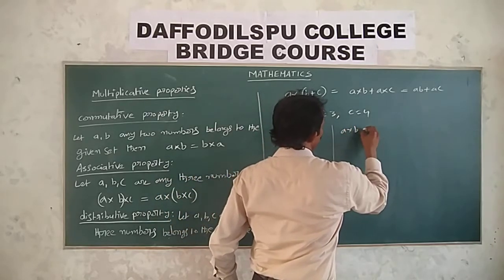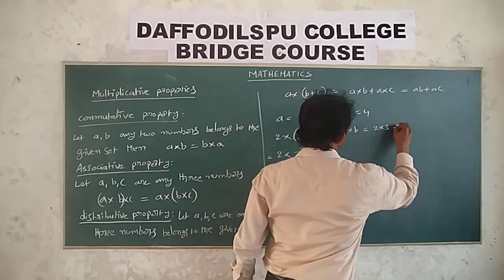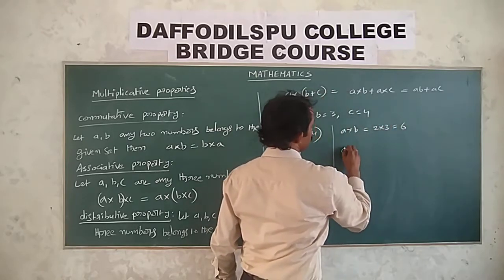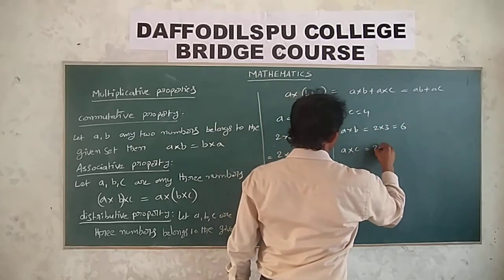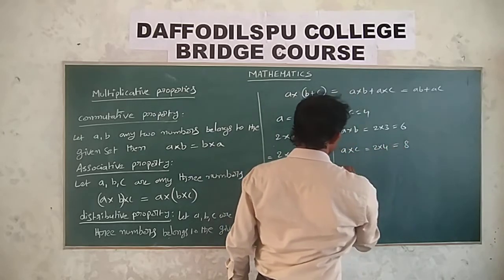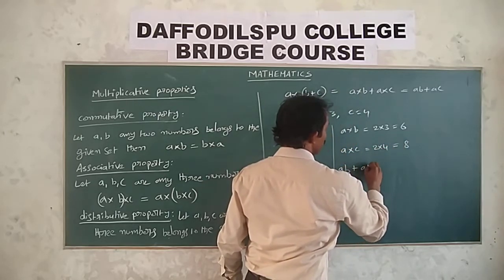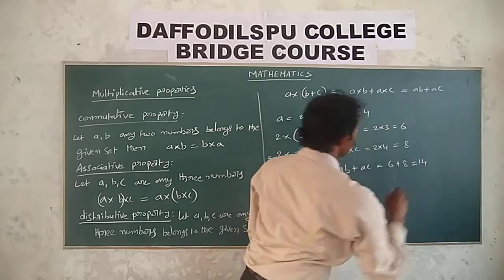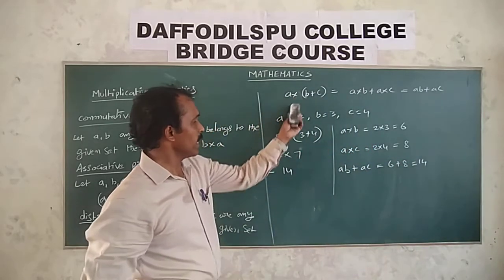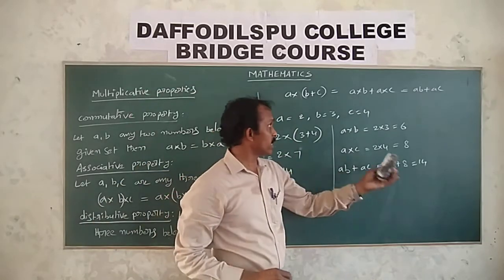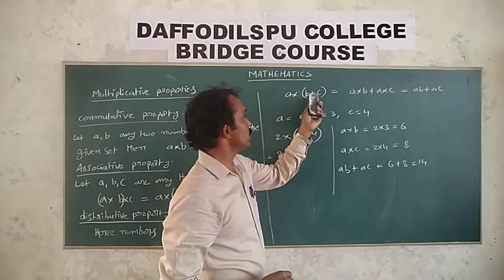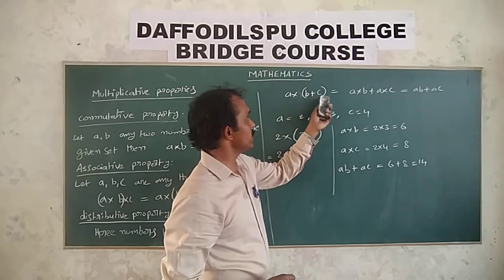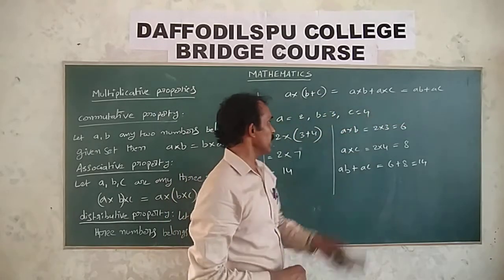AB, A into B, 2 into 3, 6. Next, A into C, 2 into 4, 8. Therefore AB plus AC is equal to 6 plus 8, which is equal to 14. So the LHS value is equal to the RHS value. This is the distributive law, A of B plus C is equal to AB plus AC.